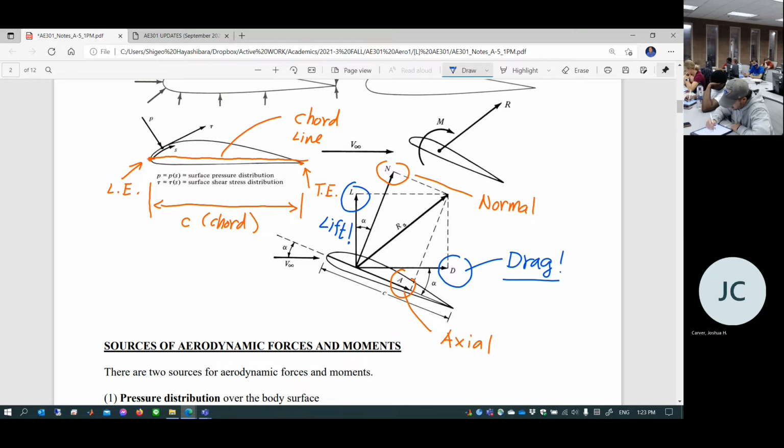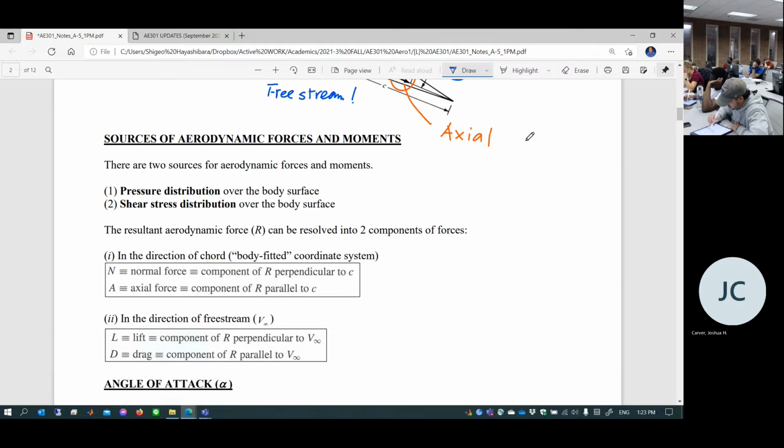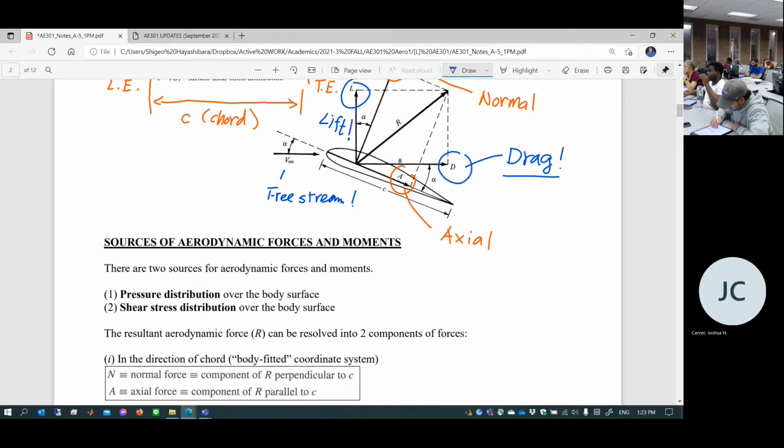You can resolve this resultant into two directions relative to the incoming free stream. This is the free stream, of course. And then the angle between the free stream and the direction of this chord line is alpha.